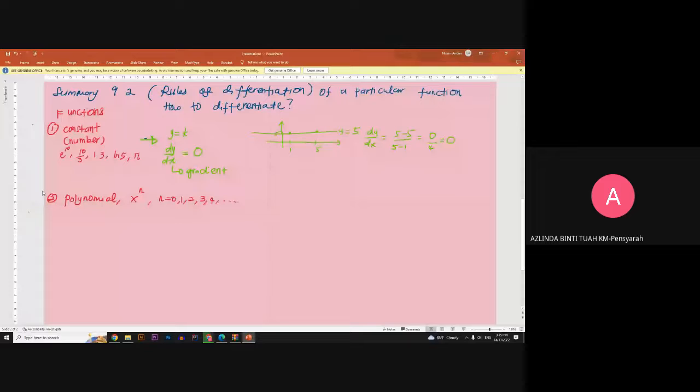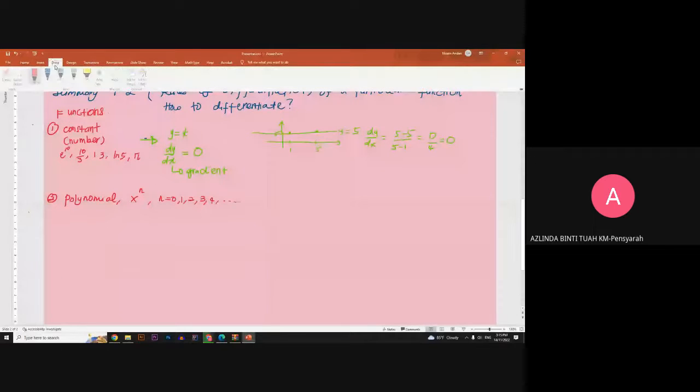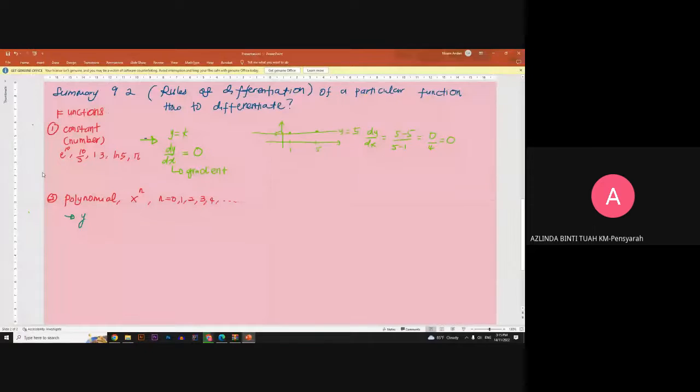Okay, how do we differentiate the polynomial? Okay, to differentiate polynomial, we're going to use the power rule. Let's say y equals to x power of n. So the dy per dx, by using power rule, kuasa ke depan with 3 steps.